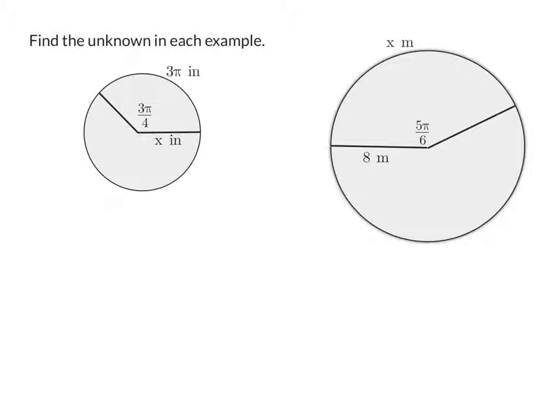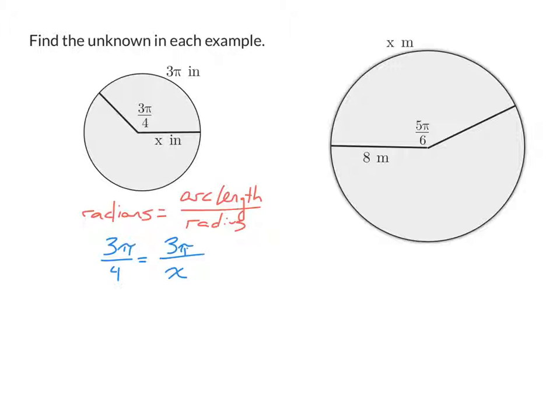We know that the radians are the same as the arc length divided by the radius. And so here, my radian measure is 3 pi over 4, the arc length is 3 pi, and my radius is unknown.